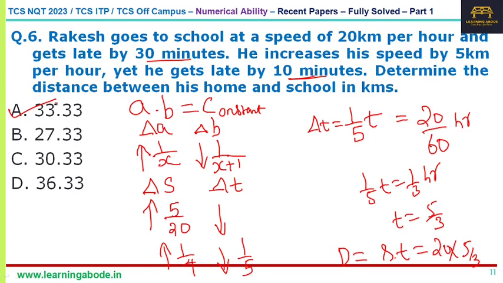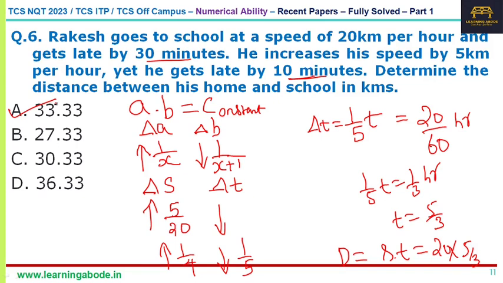Because I have to explain, to some of us who are not aware of this method, I took so much time. Otherwise, how would I have solved this question? See, 30 minutes late and 10 minutes late, so he's saving 20 minutes, and that 5 kilometer increase is what? 5 upon 20 is 1 by 4. So all these calculations I'll be doing in my mind.